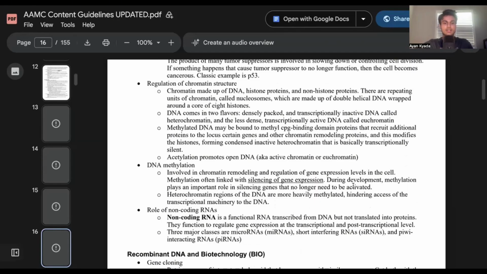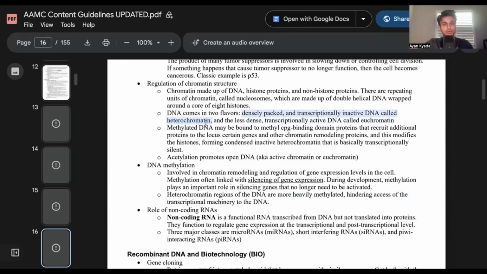And then we already talked at length of this entire section about histones, nucleosomes, heterochromatin, and euchromatin, methylation, acetylation, but I'm just going to emphasize the high yield points again because they tend to come up a lot, and I want to make sure you have a good understanding of it. The first, heterochromatin, is the transcriptionally inactive, densely packed form of DNA.